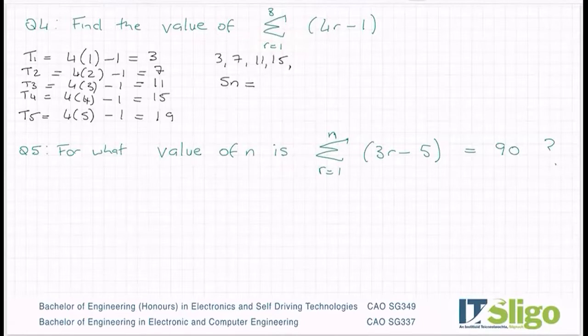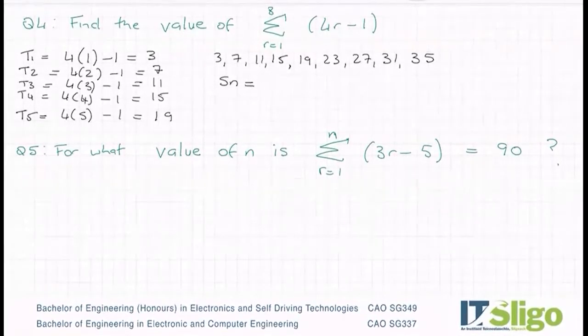So 3, 7, 11, 15, 19, 23, 27, 31. I've gone one too many, haven't I? There are 8 terms. What sigma means is add them up.